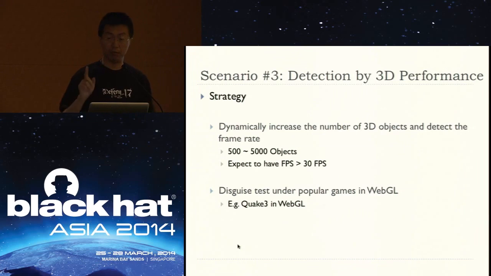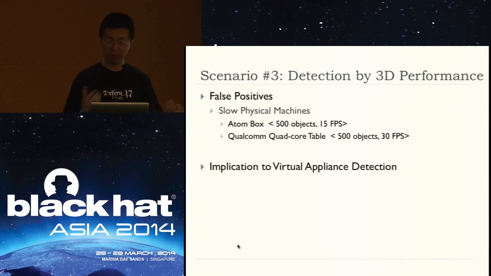Now, however, make sure you understand that I'm not saying that if I get a small number of objects or a low frame rate, I will say that's a virtual appliance. I cannot say that, because obviously there's also false positive possible. First, you can have a really slow machine.